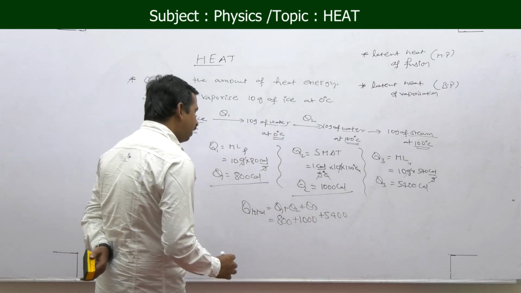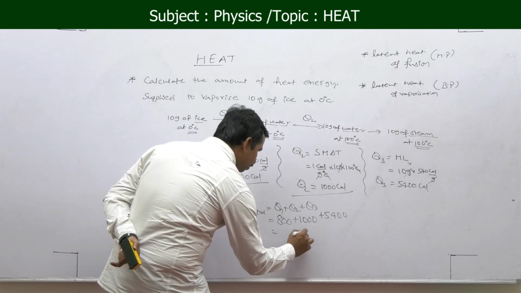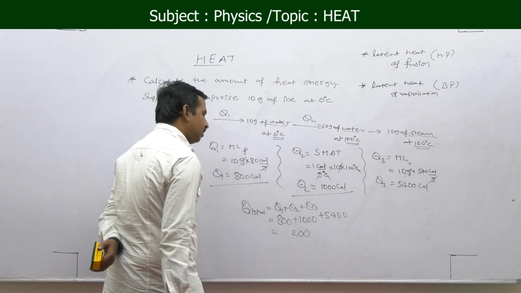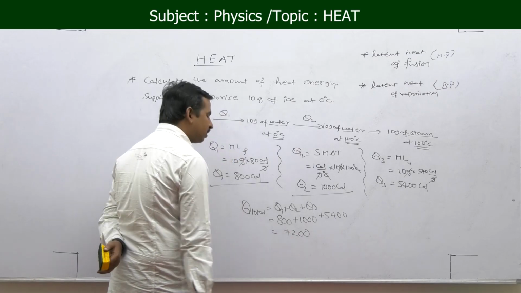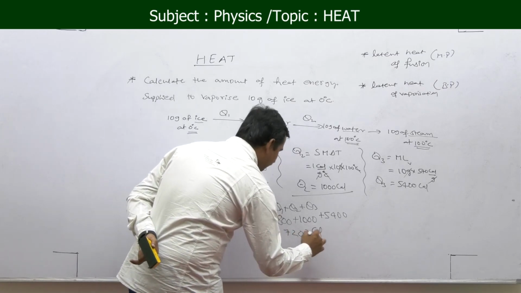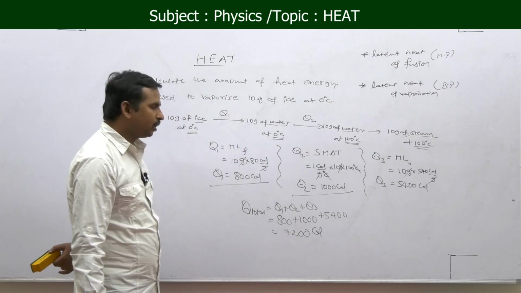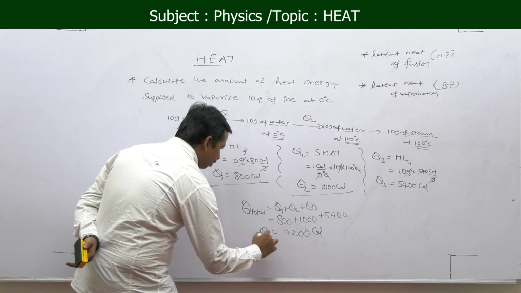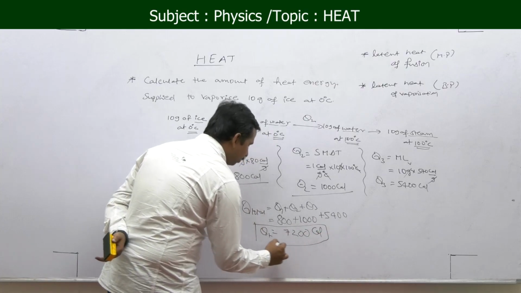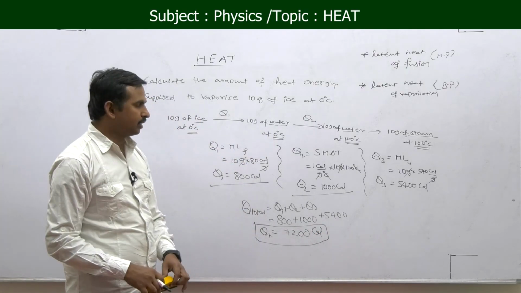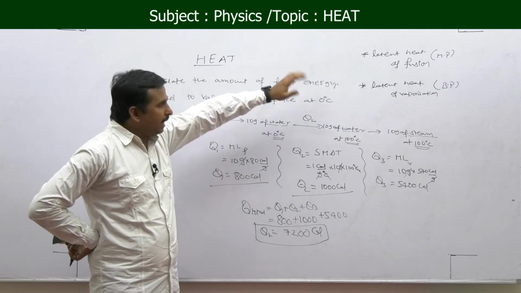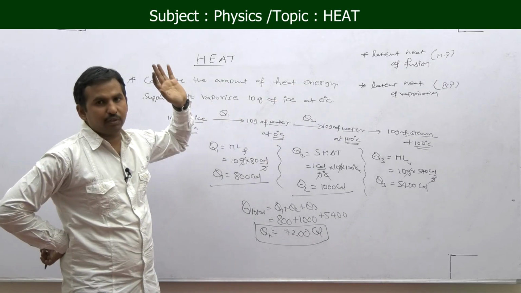So in total it becomes 7200 calories. This is the amount of heat energy required. Q is equal to total 7200 calories. Like this, we can change from ice to vapor, and in the same way in reverse also the same procedure we have to take.